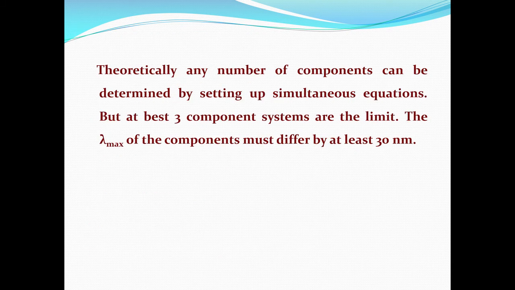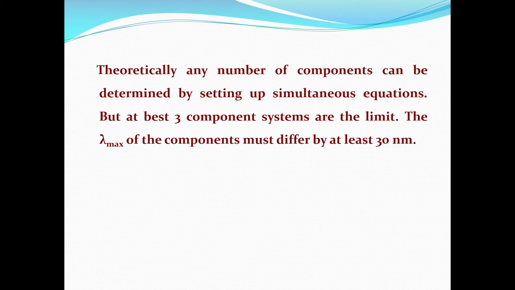Okay. Theoretically, if we extend the idea, any number of components can be determined by setting up simultaneous equations, but it does not work all the time. At best, people have tried 3 component systems, but the overriding requirement is that each lambda max should differ by at least 30 nanometers.